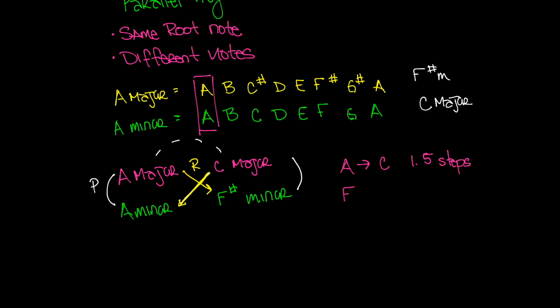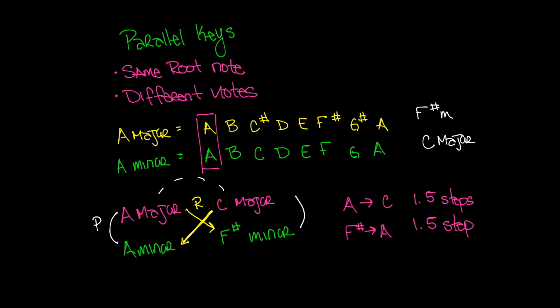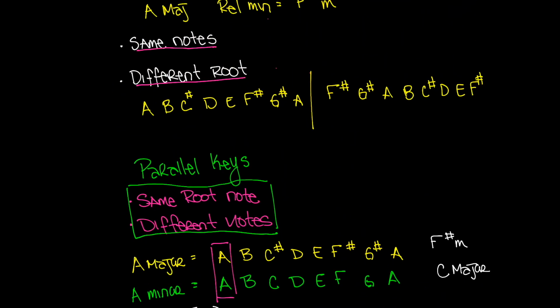I should think about the other direction: F sharp to A, going up, is also 1.5 steps. So this is called the parallel key signature, and it's basically having the same root note but a different set of notes, which is very different from the relative, which has the same notes but a different root note.